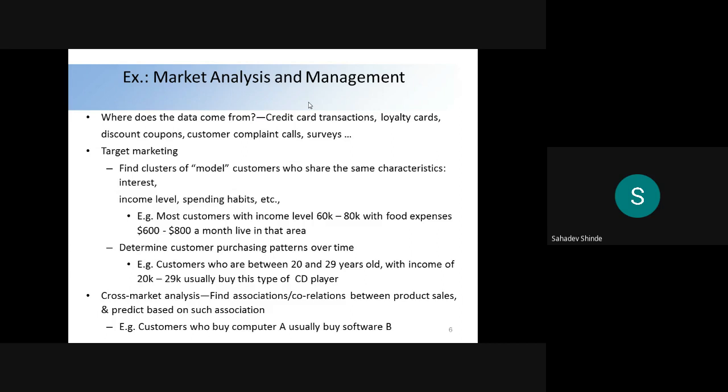Credit card transactions: by using the credit card, we can make transactions. Loyalty cards. Again the discount coupons, we know the discount coupons. Customer complaints: suppose we make complaints to customer care. This is also data we are going to generate. And again, you can make surveys also.